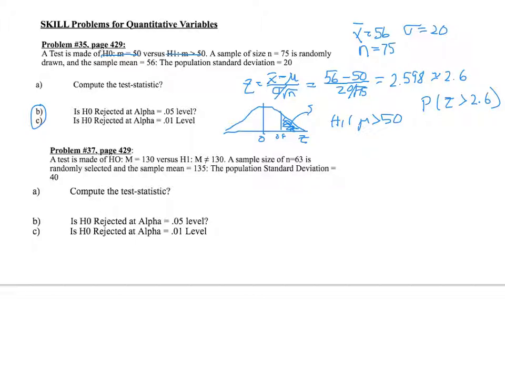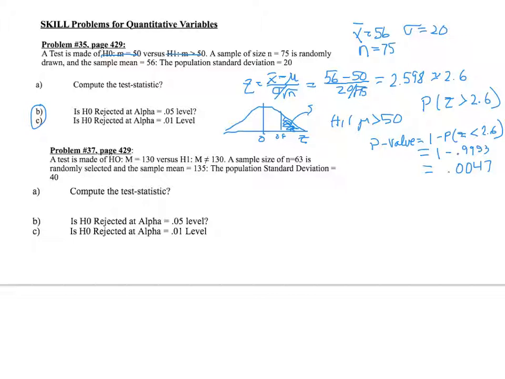So our p-value is equal to 1 minus the probability that z is less than 2.6. And that's equal to 1 minus 0.9953. And this gives me a p-value of 0.0047.